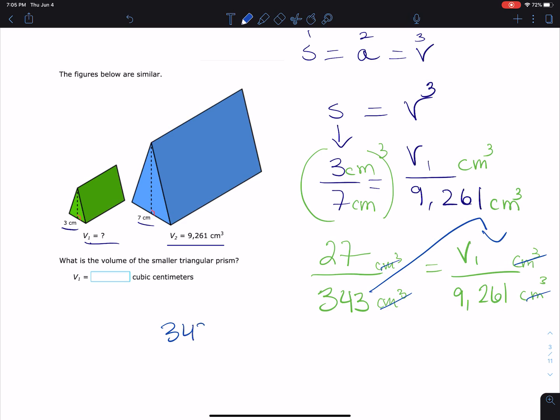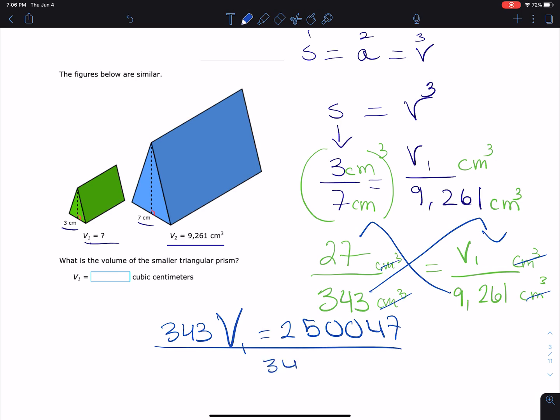So 343 times V1 equals 27 times 9,261. So that's 250,047. And then I'm going to divide by 343. And that gives me 729. So V1 is 729.